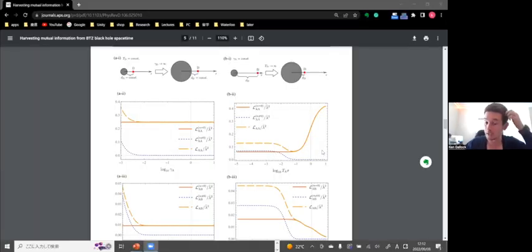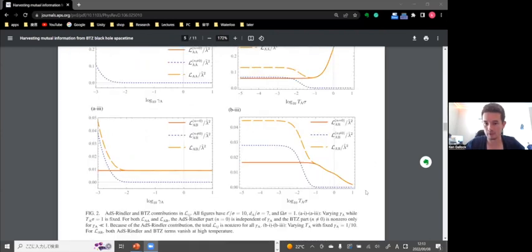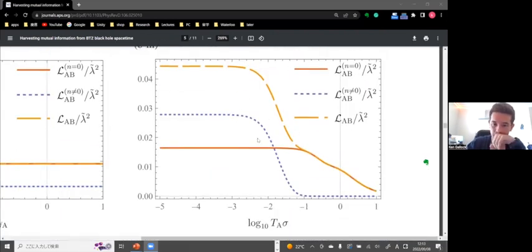Maybe it's a matter of terminology, this distinction between the contribution from acceleration radiation and Hawking radiation, in particular in BTZ. I can clarify quickly. It turns out both acceleration radiation and Hawking radiation matter. If you look at this figure, blue is the BTZ part, so it's the black hole contribution, and red is acceleration radiation.